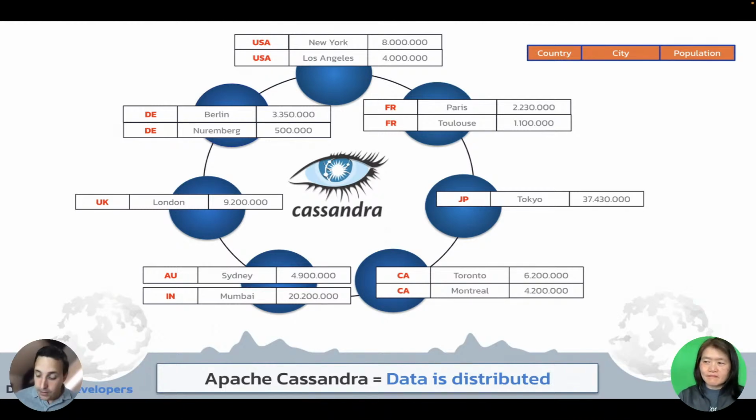How does it work? Well, when you create a table, the partition key will get hashed. So you will have a function that will transform the value and give you an integer. And you can imagine that every node is in charge of a range of integers. Like that, the values are evenly distributed among the nodes.